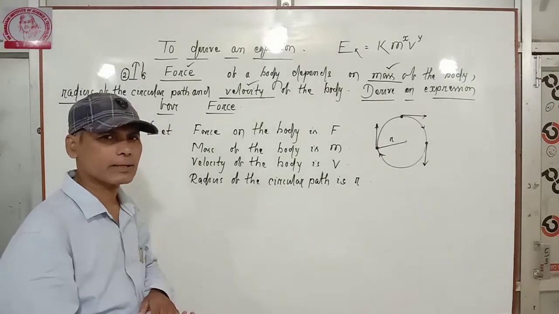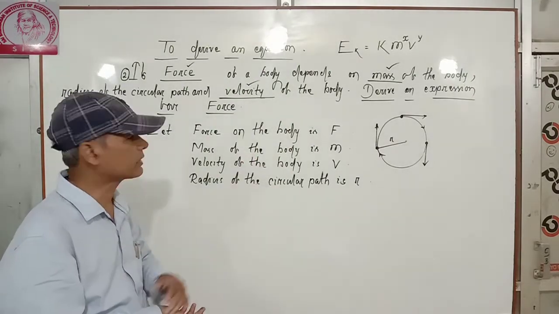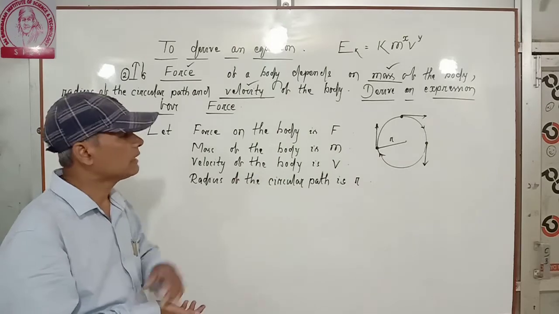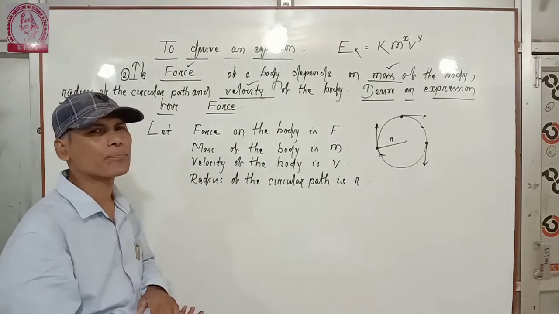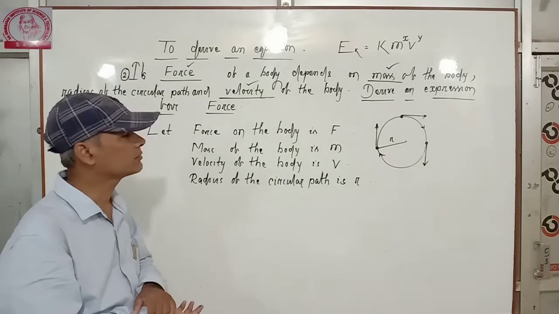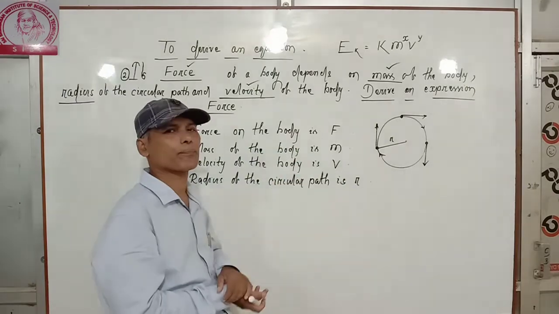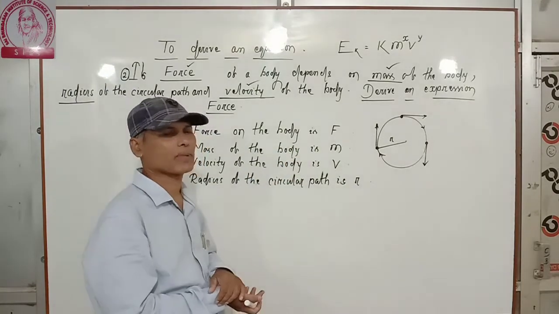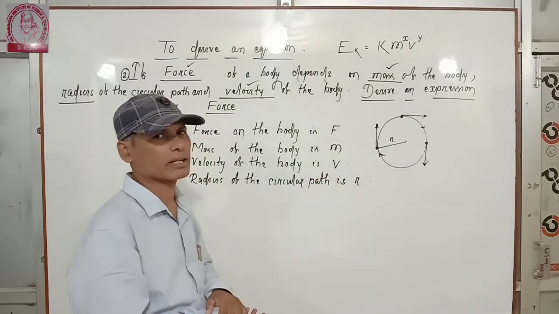We also know the dimensional formula of force, mass, velocity and radius of the circular track.